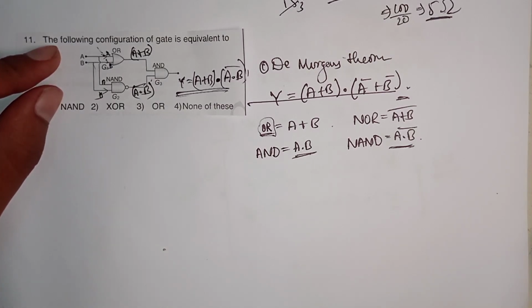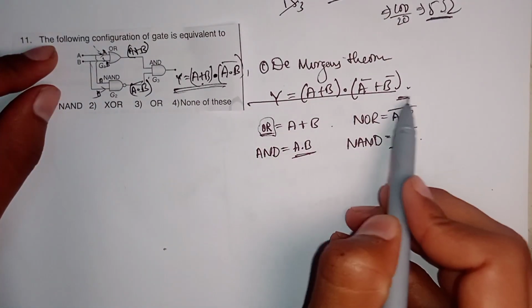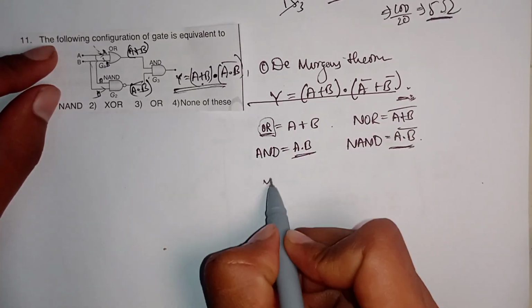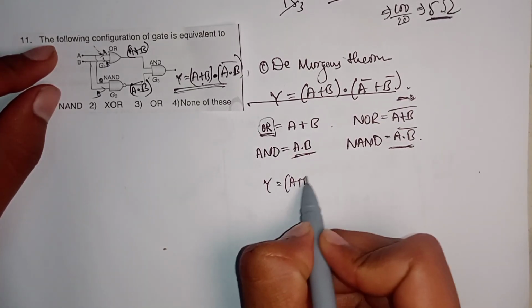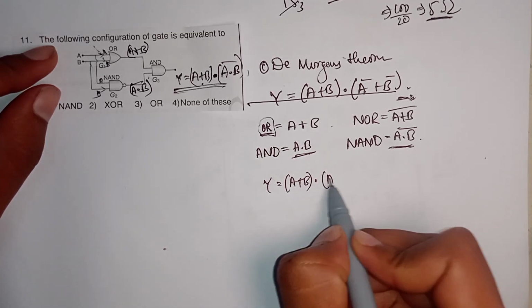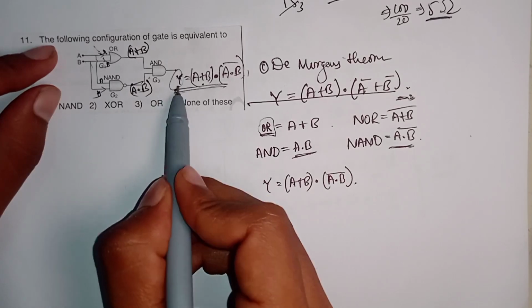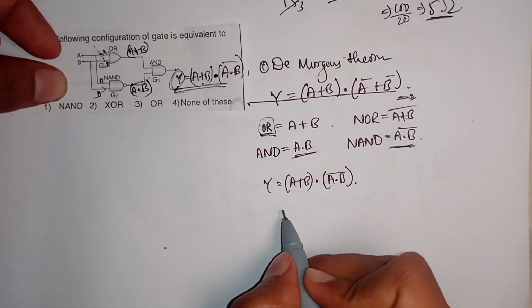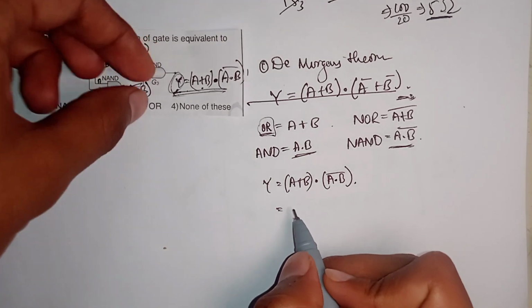Yes, from De Morgan's theorem, Y is equal to (A plus B) dot (A dot B) bar. This expression we got for the output Y. We have to solve this through De Morgan's theorem.